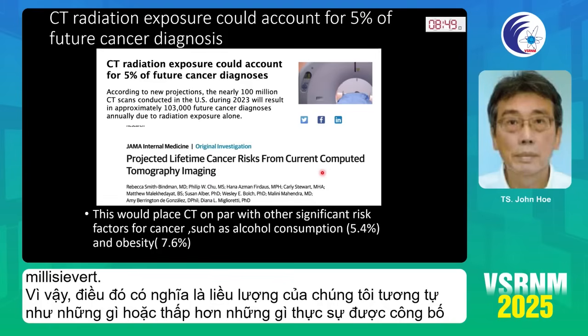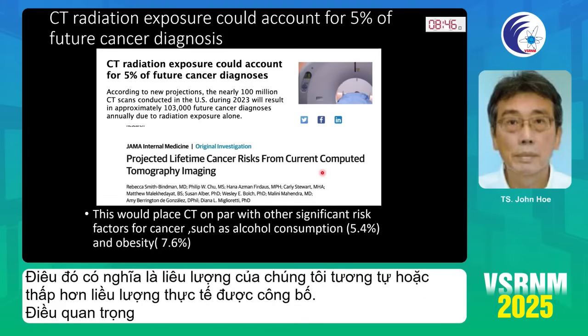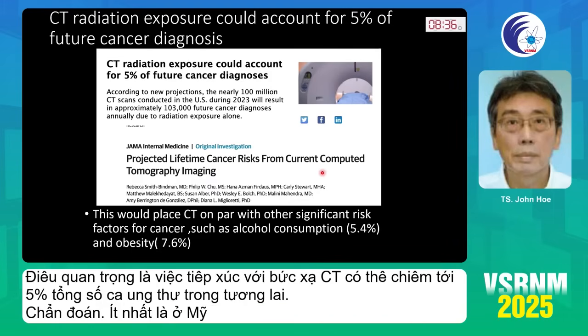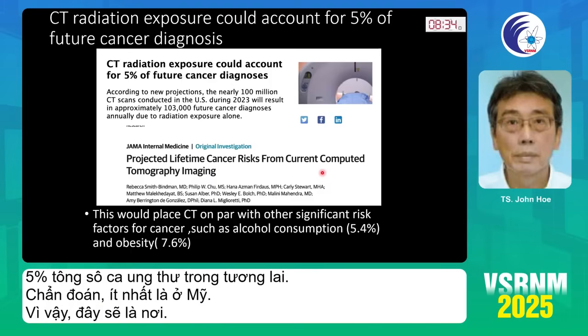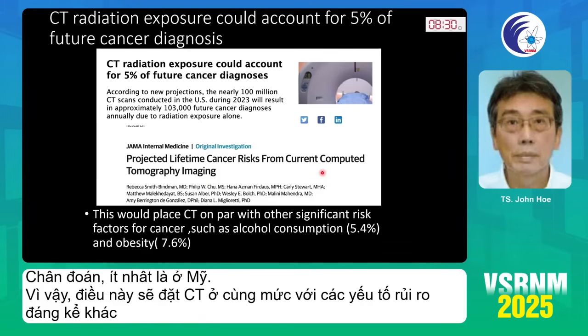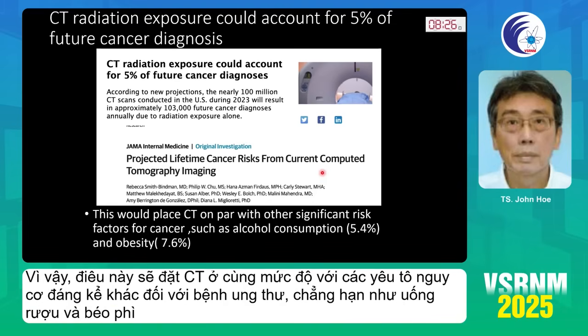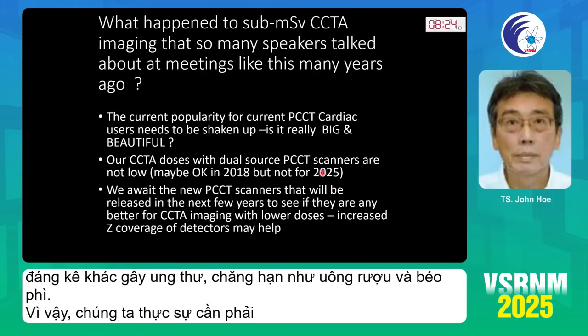The important thing is CT radiation exposure could account for 5% of all future cancer diagnoses, at least in America. So this would place CT at the same level as other significant risk factors for cancer, such as alcohol consumption and obesity. So we really need to watch our radiation doses.